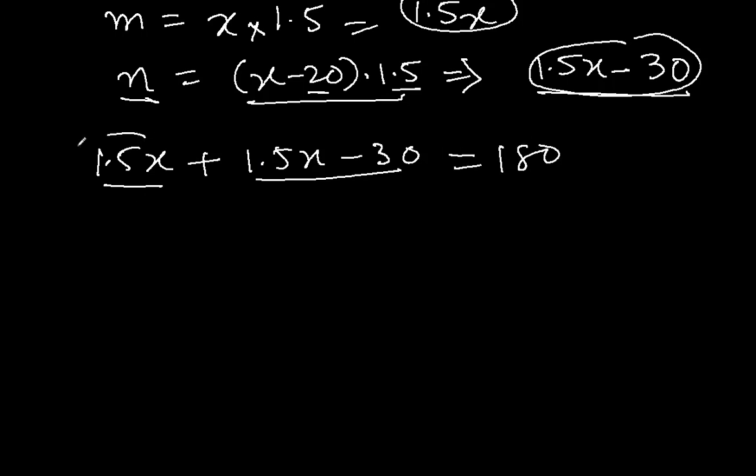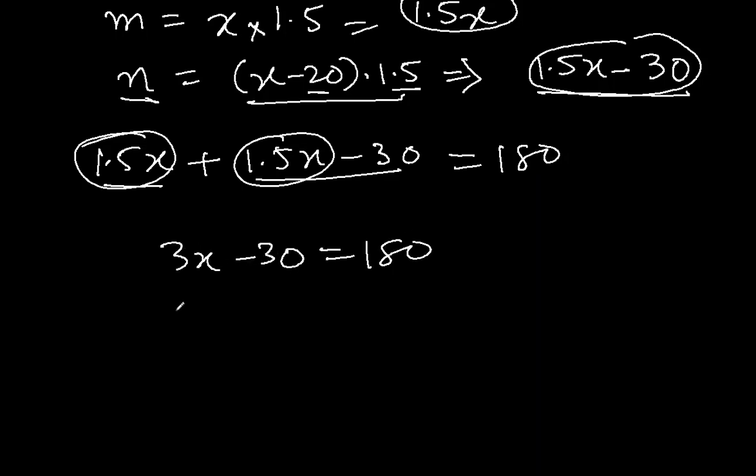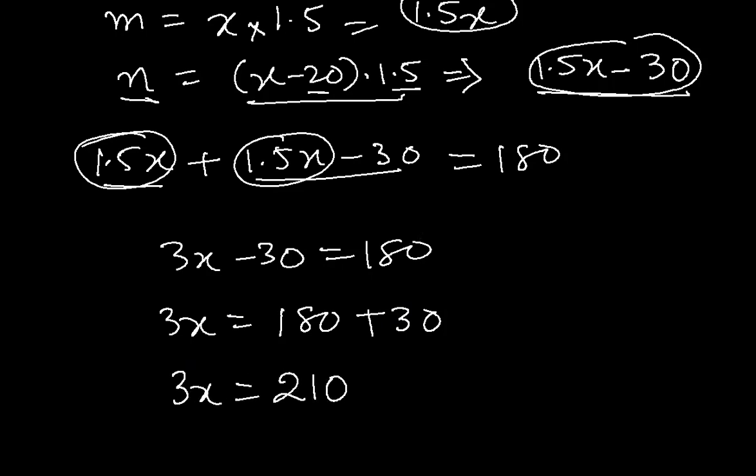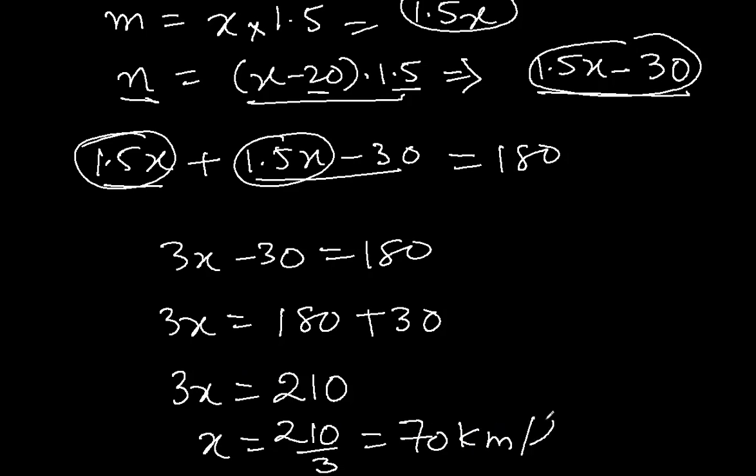So 1.5 plus 1.5, 3x minus 30 equal to 180. 3x will be equal to 180 plus 30 when 30 comes to the right side. 3x equal to 210, and x will be 210 divided by 3, which is 70 kilometers per hour. This is the speed of car A.